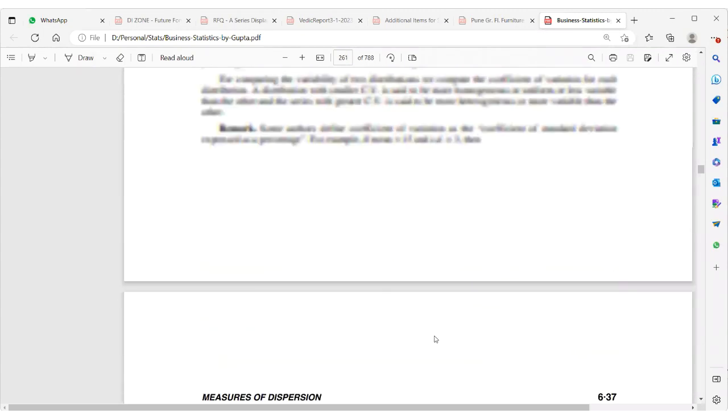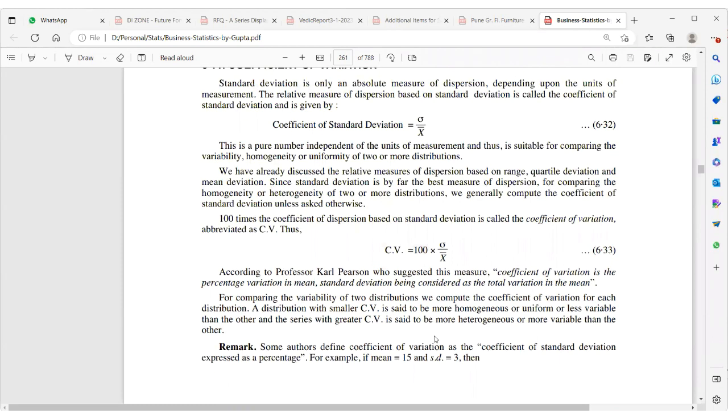See, for example, why do we calculate the coefficient of variation? Let me take an example of runs scored by two batsmen in the Indian team, right? Let me take one batsman as KL Rahul, and the second one, let me take Dhoni.